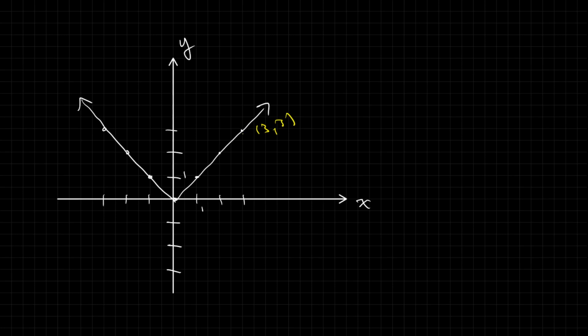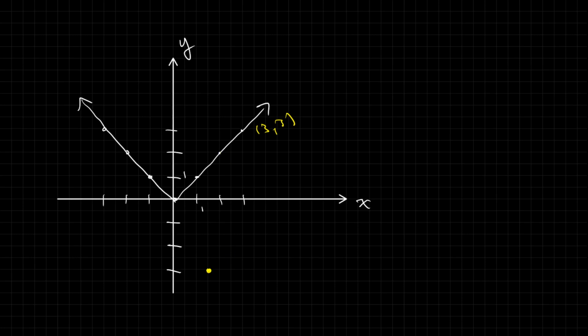We'll do a vertical reflection that will change the y value to -3, and then we will do a horizontal compression by 1/2. We'll multiply our x value of 3 by 1/2. That will get us 3/2 as the x value, which is 1.5, which ends us up at (1.5, -3).